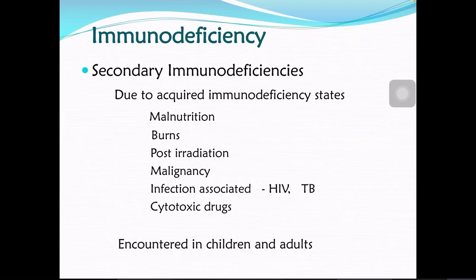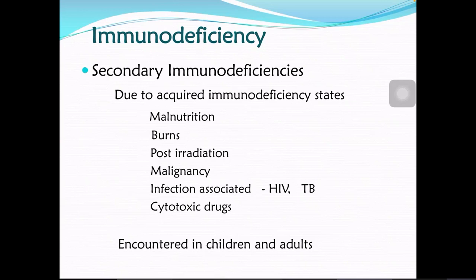They are on either irradiation or on cytotoxic drugs. And the irradiation, the malignancy per se, or the cytotoxic drugs can make children immunodeficient. And then, of course, we have acquired infections like HIV and TB that will lead to secondary immunodeficiency. Now, compared to the primary immunodeficiencies, the secondary immunodeficiencies are encountered both in children and adults.